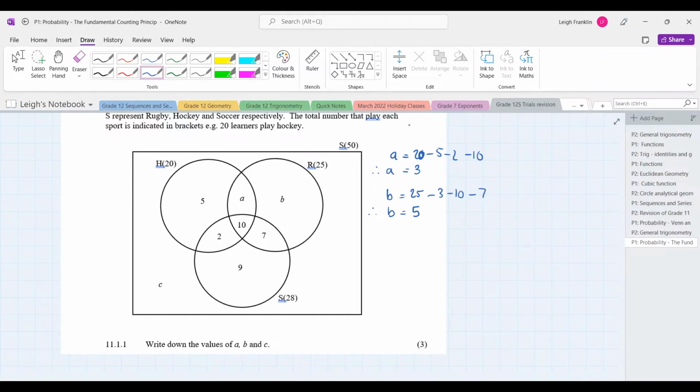Okay, and then the last thing that we need to do is work out the value of C. How are we going to work out what C is equal to? Any ideas how we're going to work out what C is?